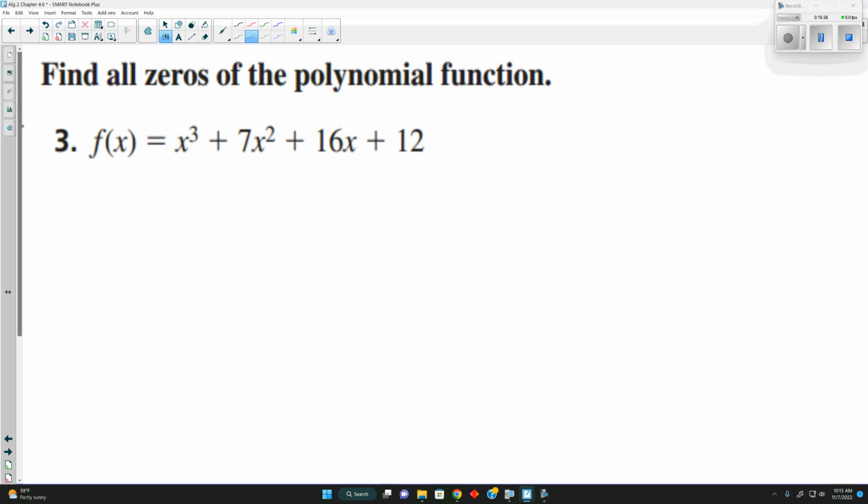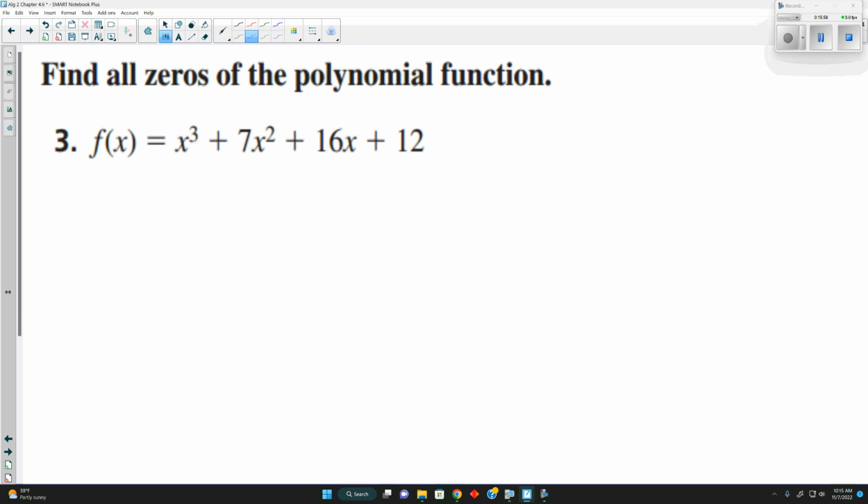We can solve a quadratic. If we have 2, we can take it from a degree 3 down to a degree 2, down to a degree 1, and solve from there. But again, how many solutions are we looking for? 3. It's got to have 3.